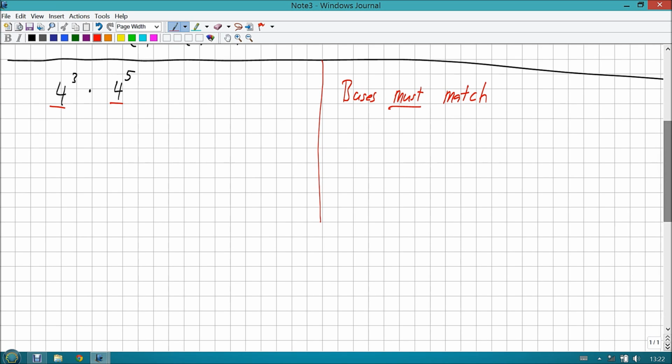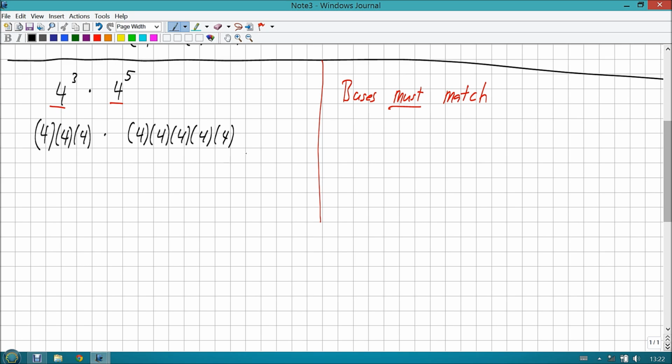Okay, the second step would be to look at what does 4 to the third power mean. Well, it means 4 times 4 times 4. And what does 4 to the 5th power mean? Well, that's 5 4s. 4 multiplied by itself, a grand total of 5 times.